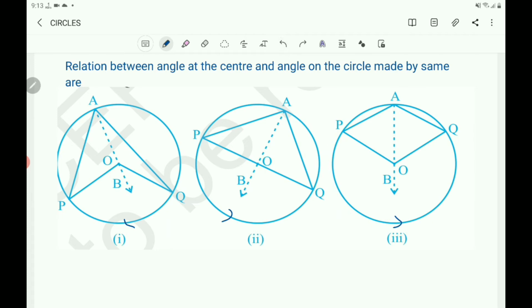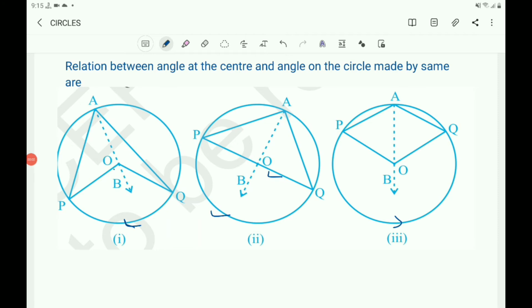Now in the first figure, PQ is a minor arc. And in the second figure, here PQ is a chord which is a diameter which passes through the center. So PQ is a semicircle. And in the third figure, PQ is a major arc here. And also you can have the major arc here, and this is also a semicircle, and this is a minor arc.